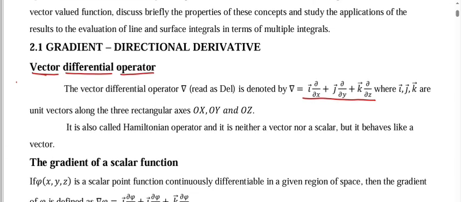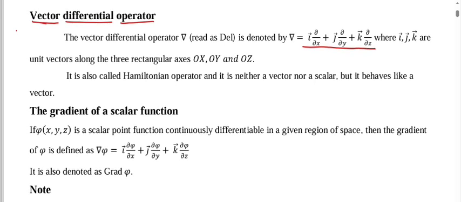Here the scalar function is phi, that is phi of x, y, z is a scalar point function. This scalar point function is continuously differentiable in the given region of space.